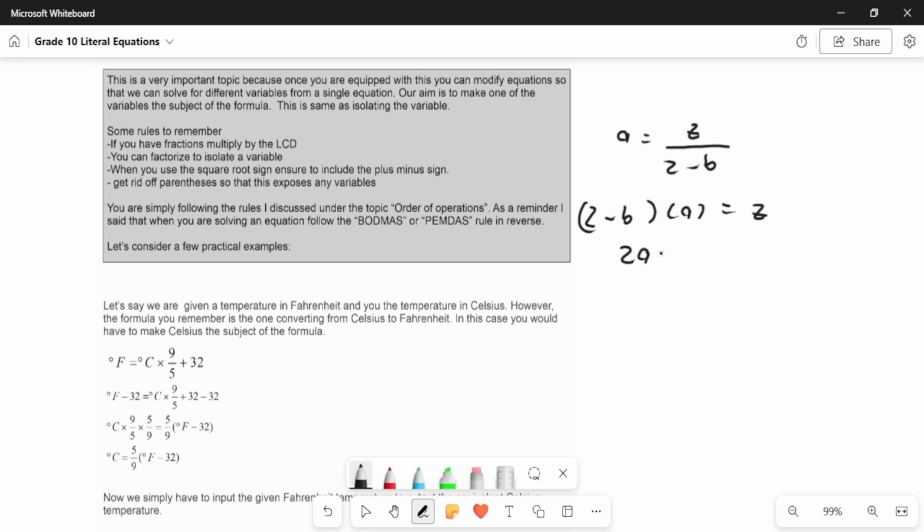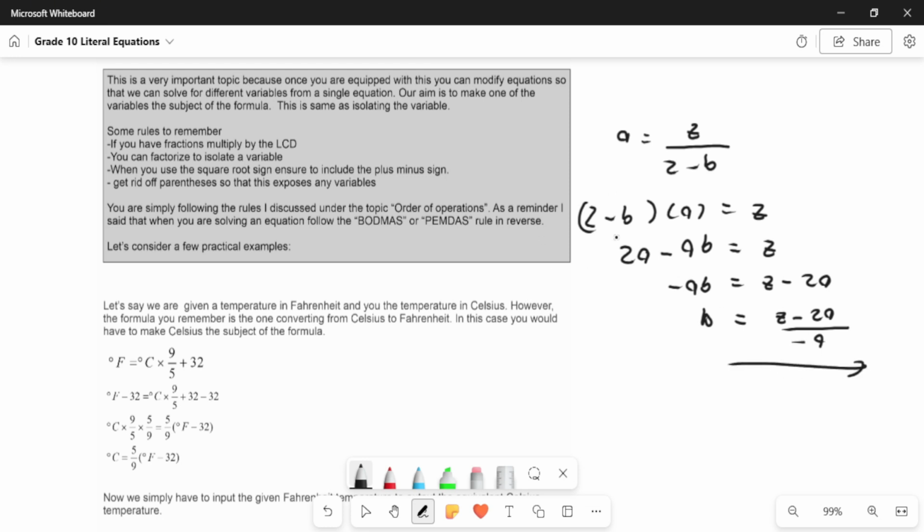Therefore 2a minus ab is equal to z. We're required to solve for b. Therefore minus ab is equal to z minus 2a. And therefore b is equal to z minus 2a over minus a. That's how you solve for that.